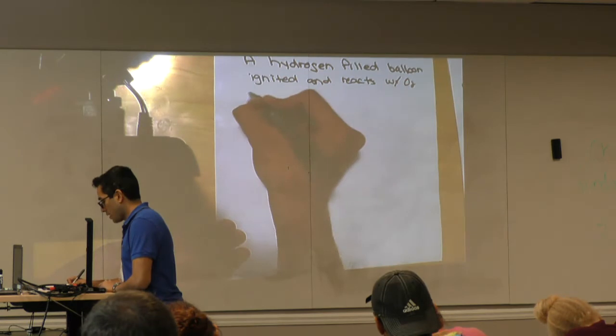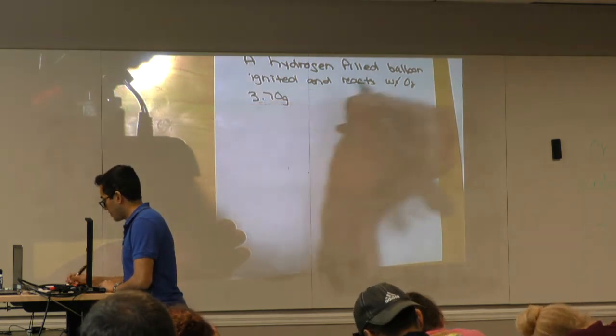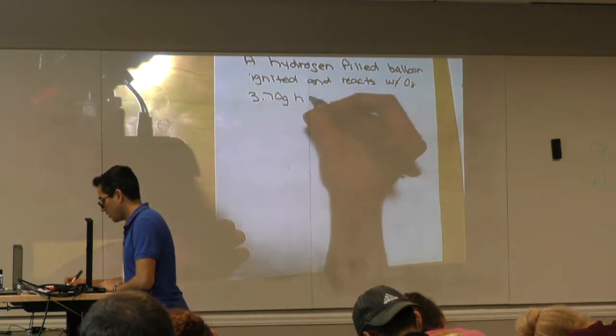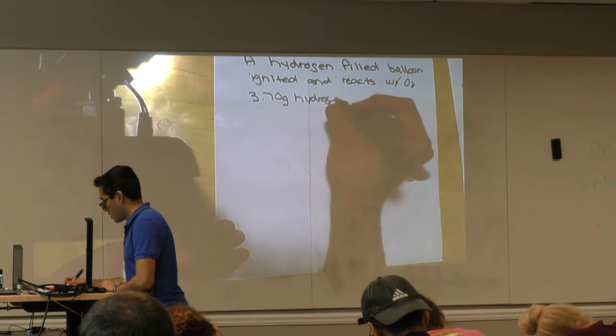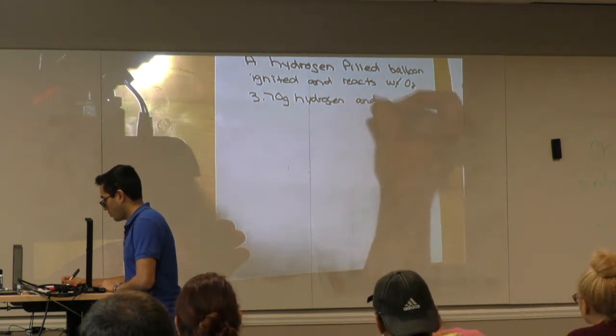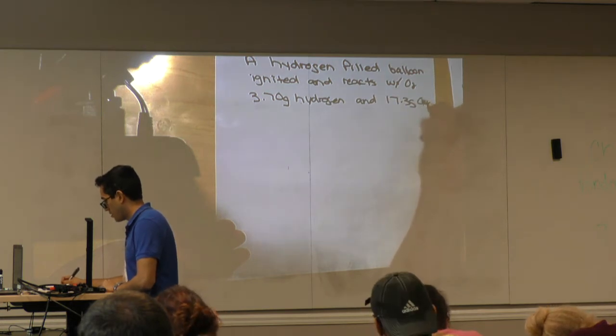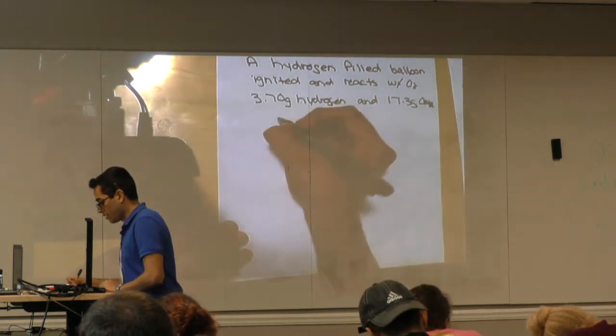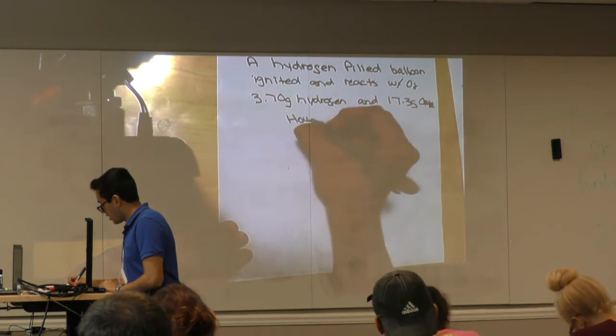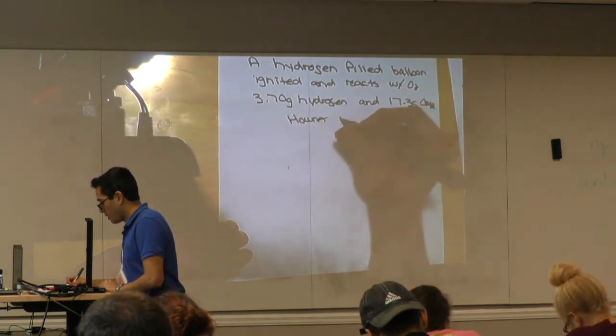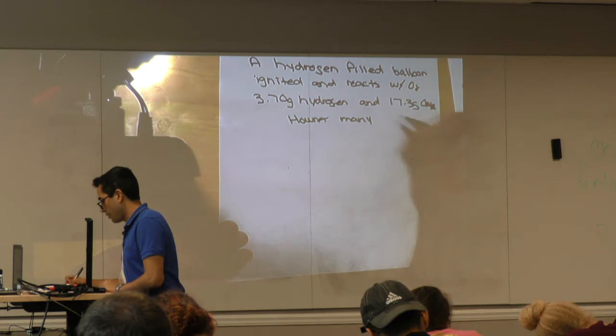And so we're given that there was 3.7 grams of hydrogen and 17.3 grams of oxygen. And so we're asked how many moles of water vapor is formed?